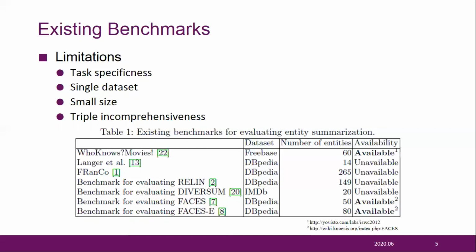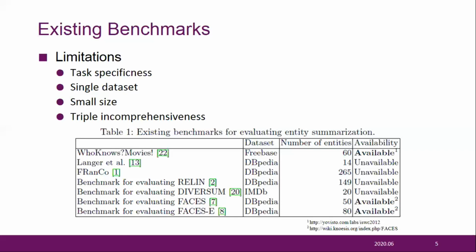It is not surprising that these benchmarks are not very large, since it is expensive to manually create high-quality summaries for a large set of entities. And unfortunately, some of these benchmarks are not publicly available at this moment.